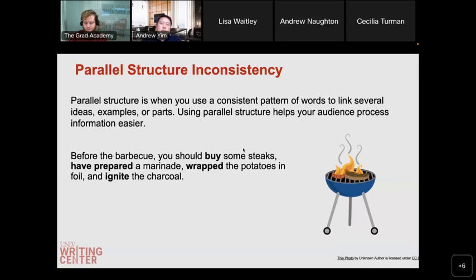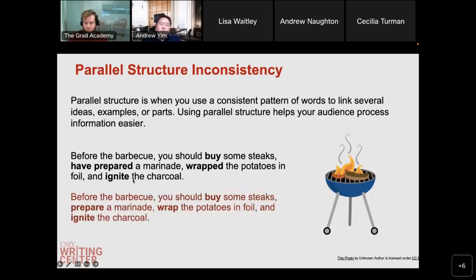In this sentence, we have buy, have prepared, wrapped, and ignite. The correct way to say the sentence would be: before the barbecue, you should buy some steaks, prepare a marinade, wrap the potatoes in foil, and ignite the charcoal.